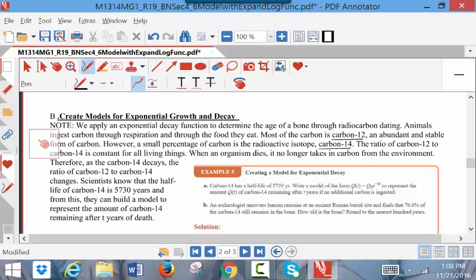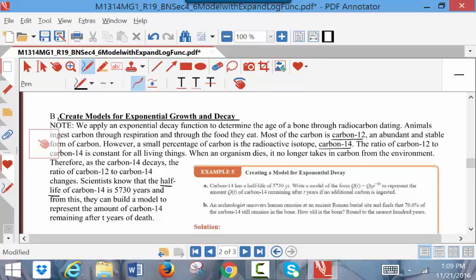When an organism dies, it no longer takes in carbon from the environment. Therefore, as the carbon-14 decays, the ratio of carbon-12 to carbon-14 changes. Scientists know the half-life, how much time it takes for something to decompose to half its original size.